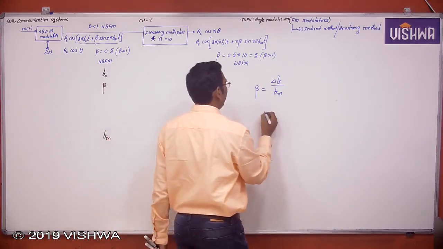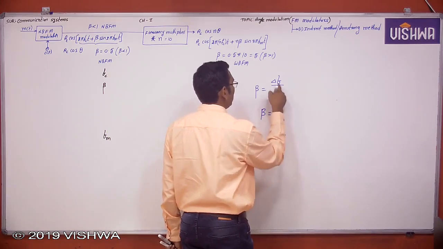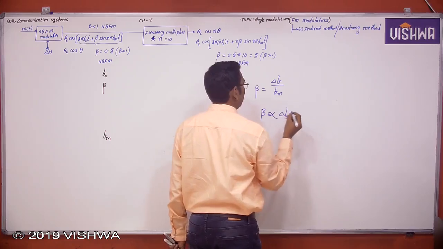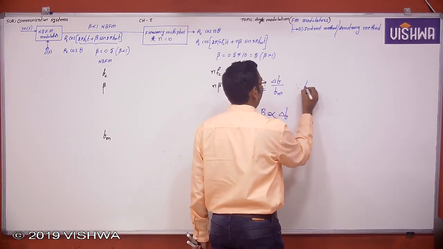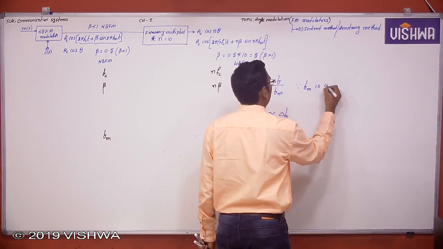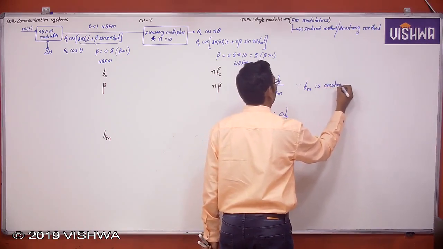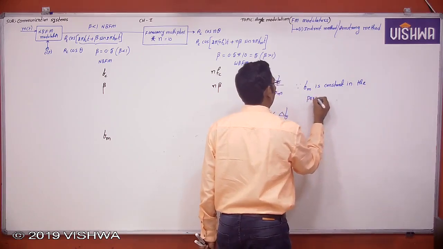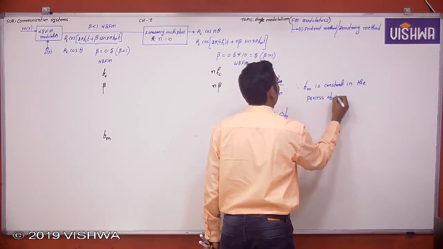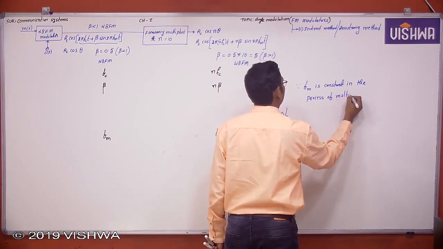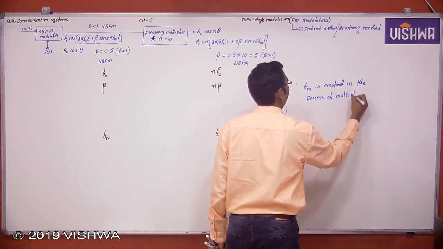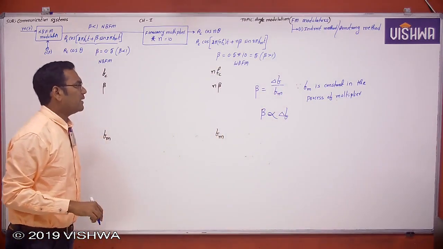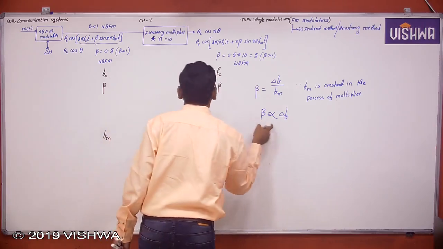But in the process of frequency multiplier, FM is constant, therefore beta is directly proportional to frequency deviation, because FM is constant in the process of frequency multiplier. So now modulation index beta is directly proportional to frequency deviation.